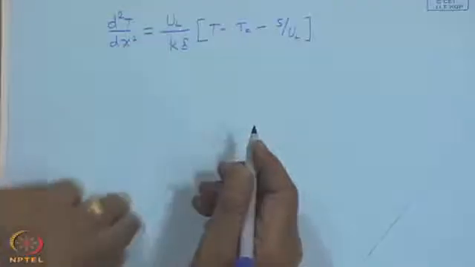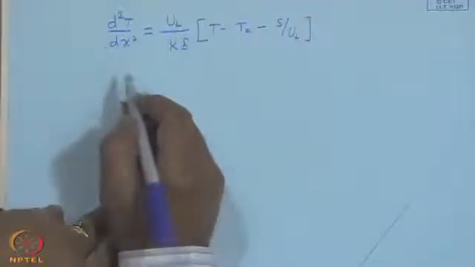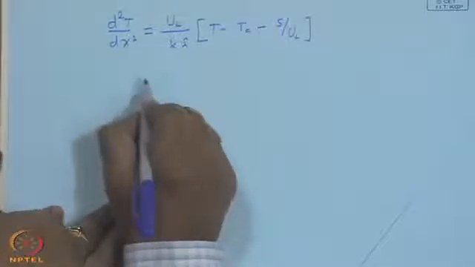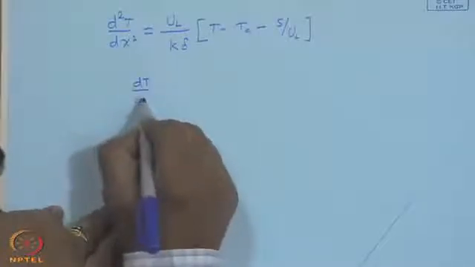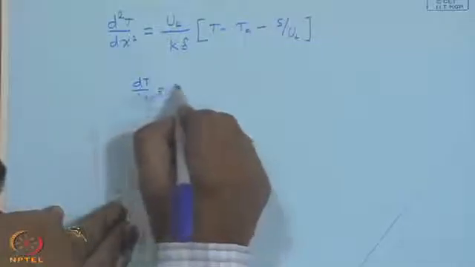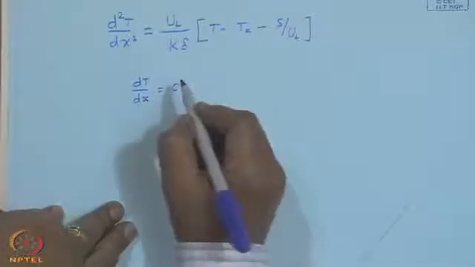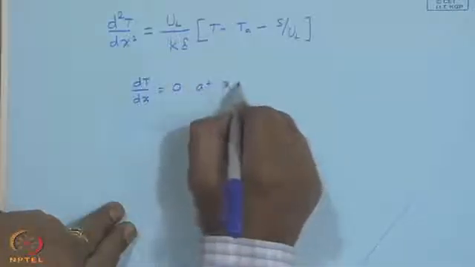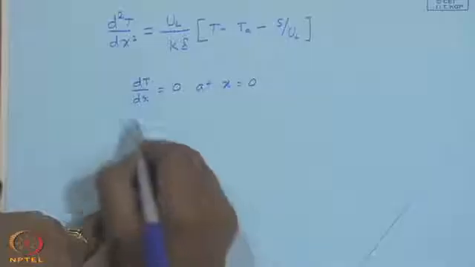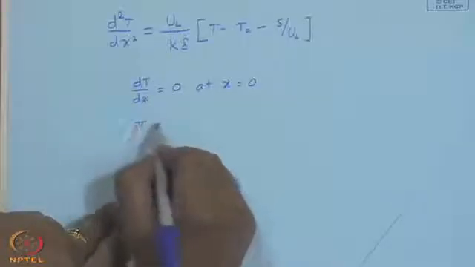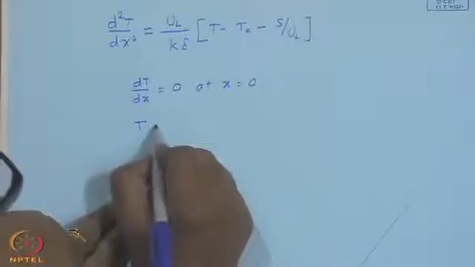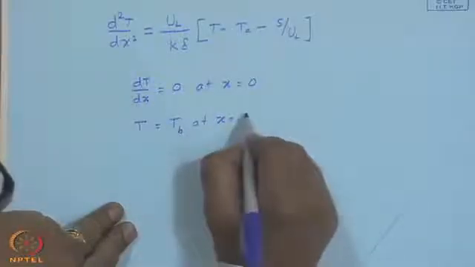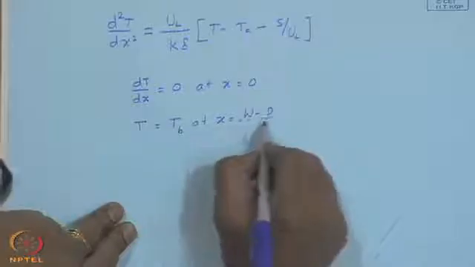this is what we will have, and this is a second order equation, requires two boundary conditions, which will be dT/dx equal to 0 at x equal to 0, and T equal to T b at x equal to W minus D by 2.